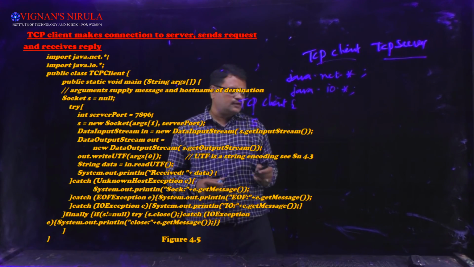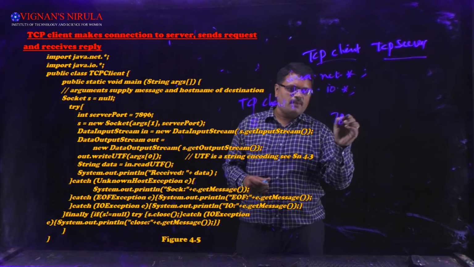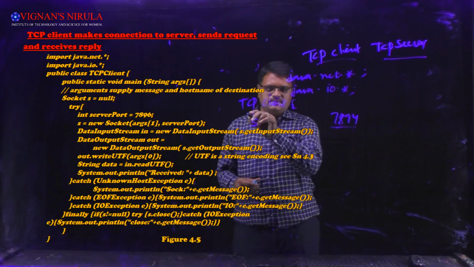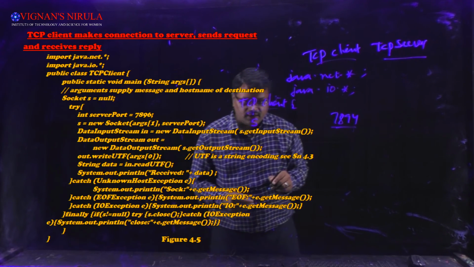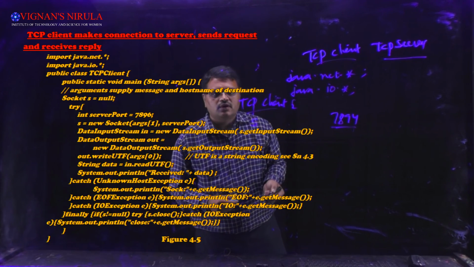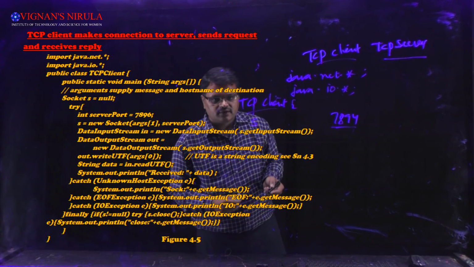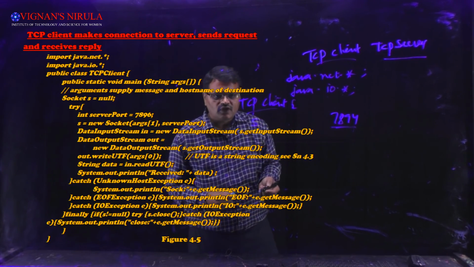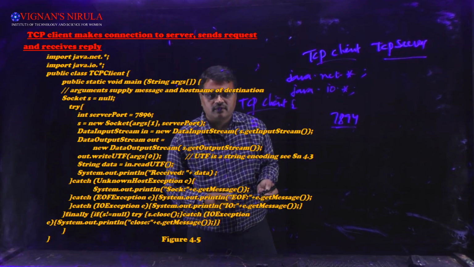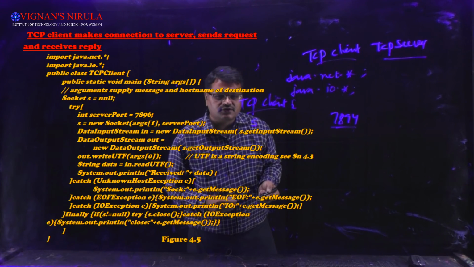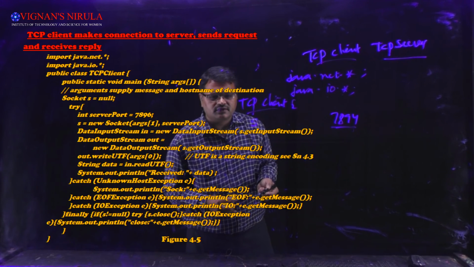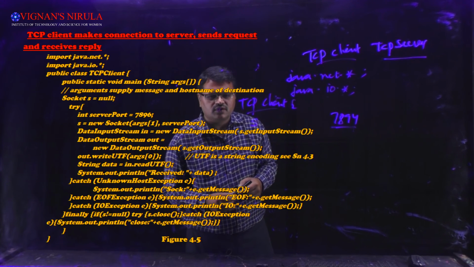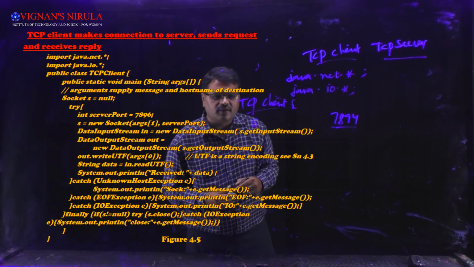So the port is 7890. The class is TCPClient, and here we are creating a new socket with the server port. We are creating a new socket.